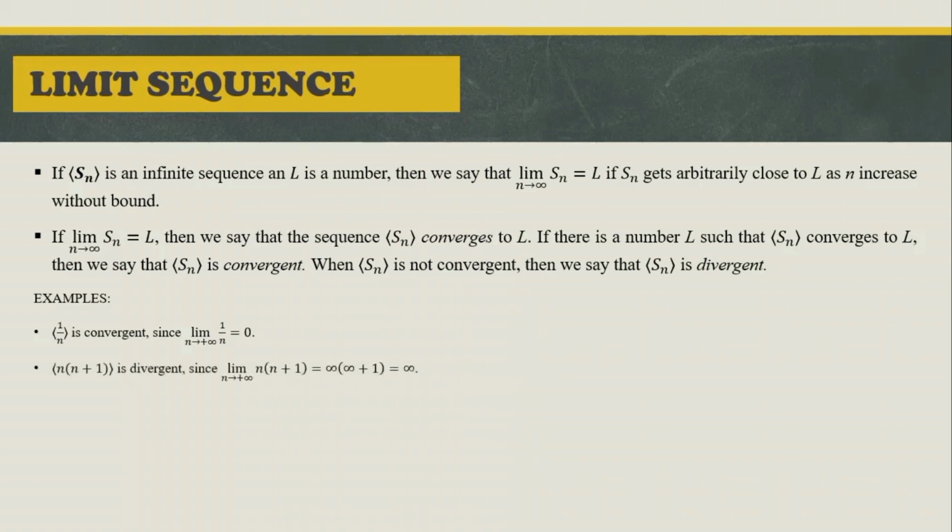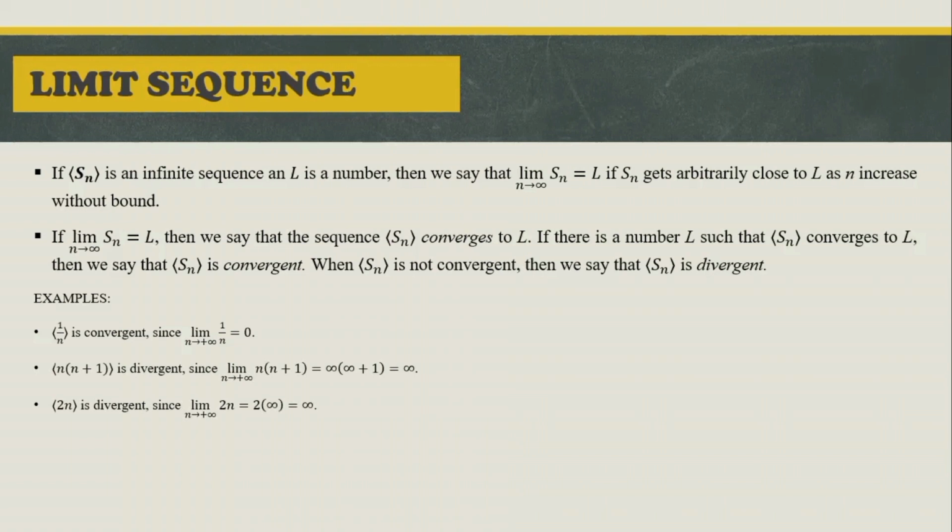Next is the infinite sequence of n times the quantity n plus 1, which is divergent since the limit of n times the quantity n plus 1 as n approaches positive infinity is infinity times the quantity infinity plus 1, which is infinity. Next is the infinite sequence of 2n, which is divergent since the limit of 2n as n approaches positive infinity is 2 times infinity, which is infinity.